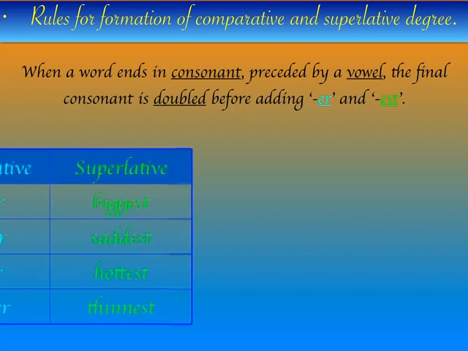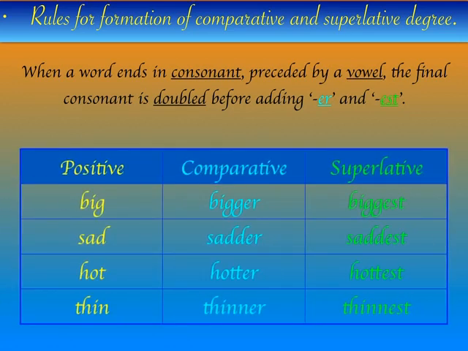Let's see the example. The first one over here says big, which is a positive form. Now here in this word you can see that the consonant at the end is G, which is preceded by the vowel I. So here students, when we are making comparative form, the first thing we have to do is you have to write G 2 times and then we would be adding ER.